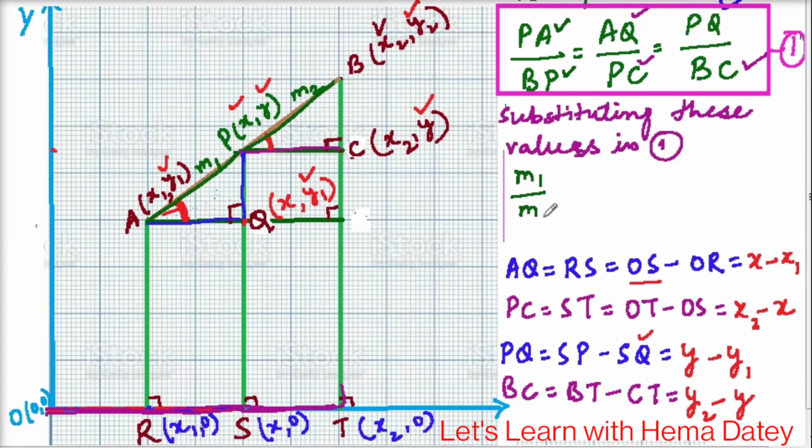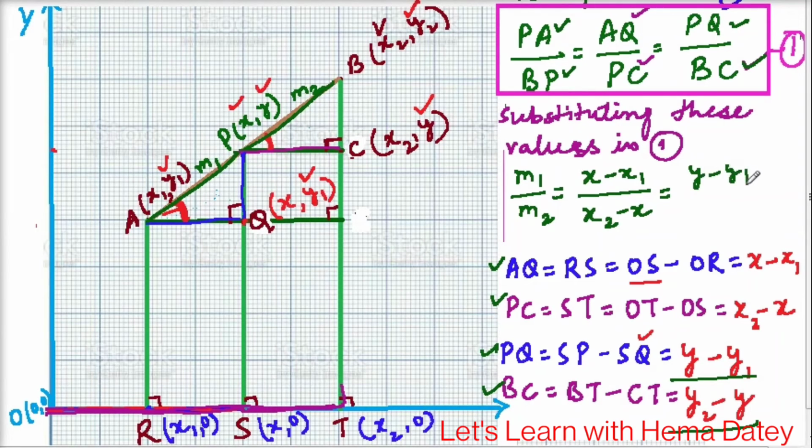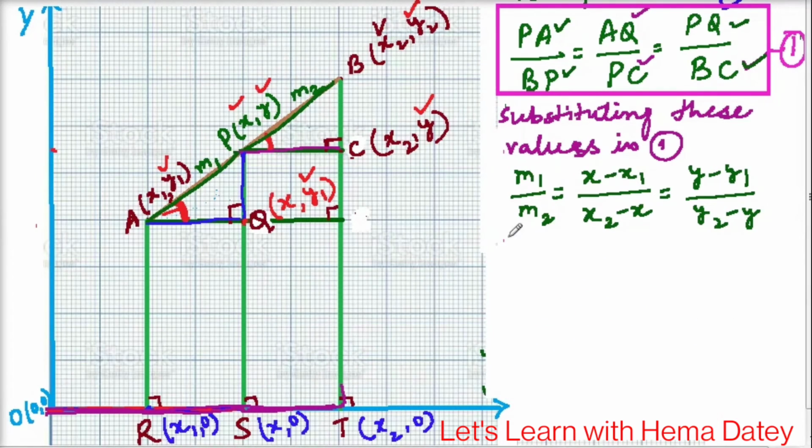So we can write m1 ratio m2 equals to AQ upon PC, that we have x minus x1 upon x2 minus x equals to PQ upon BC. PQ we have y minus y1 upon y2 minus y. Now we'll take these two ratios together and find the relation.